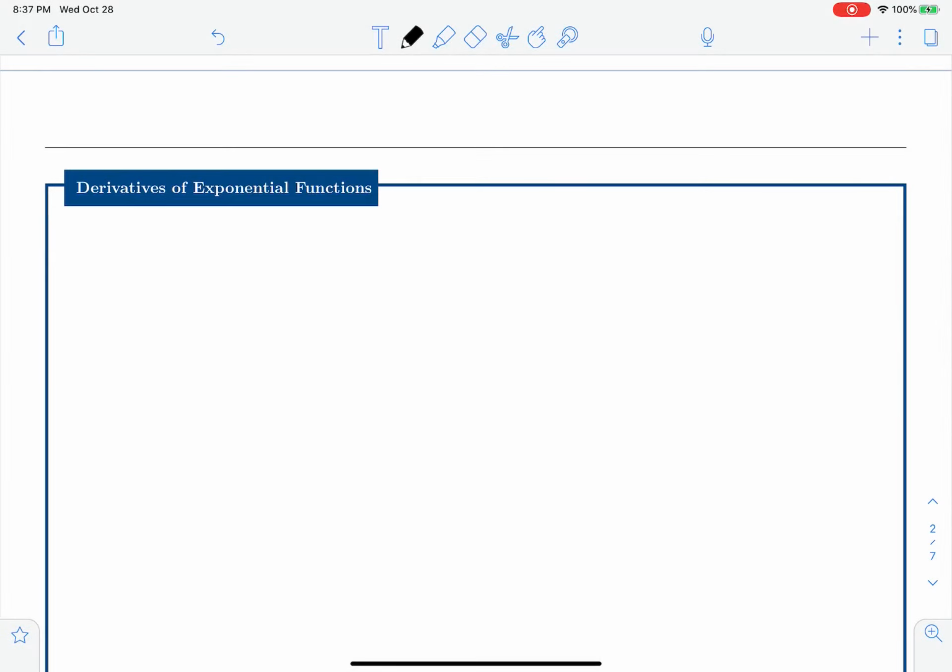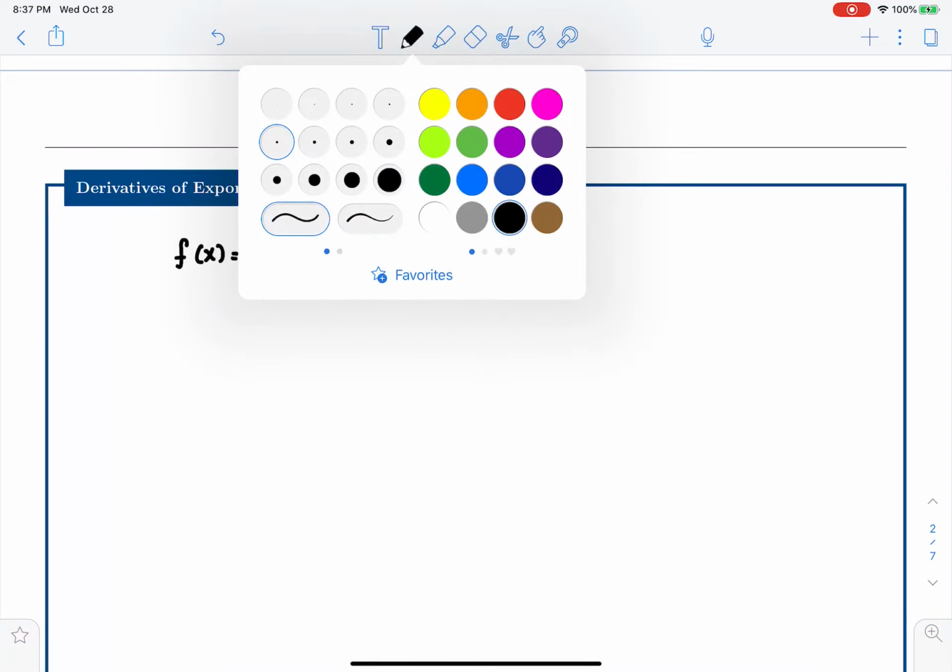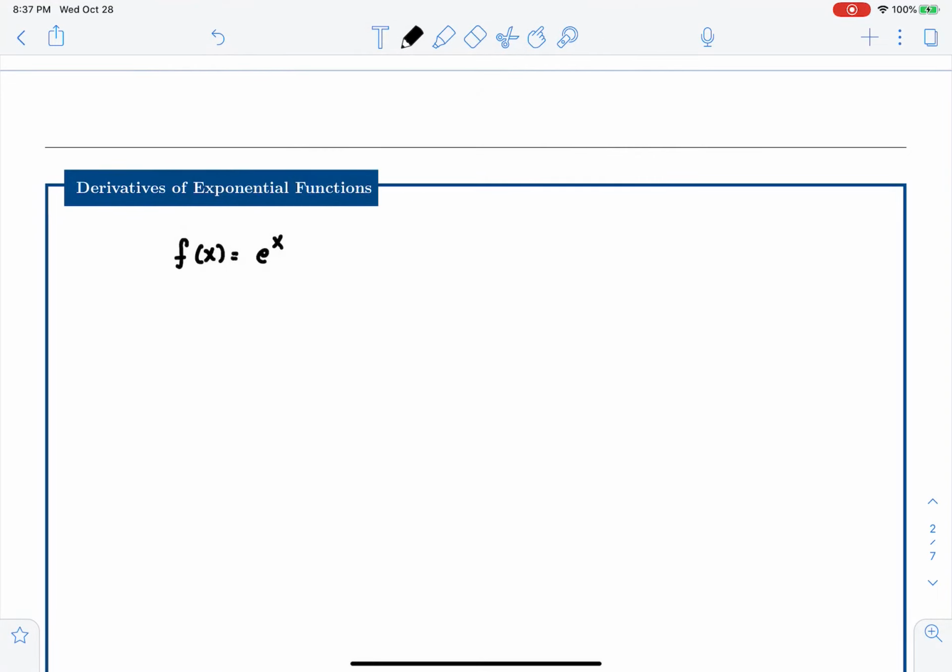So, derivative of exponential functions. If we have f of x is equal to e raised x, then what is its derivative?